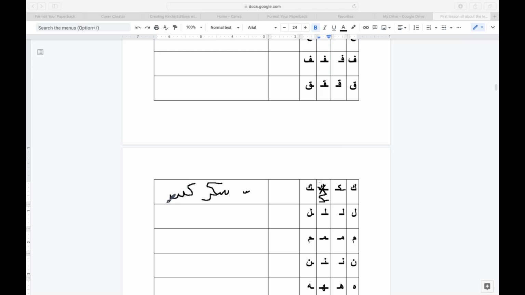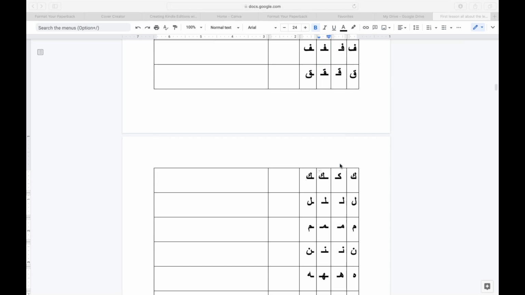This is the kaf at the end, not noon, and we're gonna study that in the coming class, okay? So سكر like sugar, كثيرا a lot. So this is at the beginning, this is at the end, but again my keyboard didn't let me do it for you, and I hope you're gonna follow up with this video.